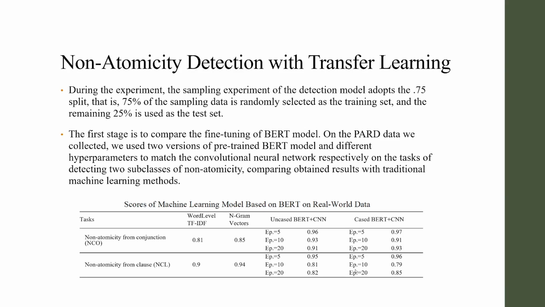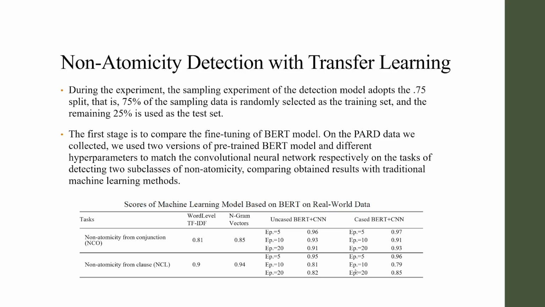During the experiment, the sampling of the detection model adopts a 0.75 split. The first stage is to compare the fine-tuning of the BERT model. On the part of the dataset we collected, we used the two versions of the pre-trained BERT model and different hyperparameters to match the convolutional neural network respectively on the task of detecting two subclasses of non-atomicity, comparing the obtained results with traditional machine learning methods.